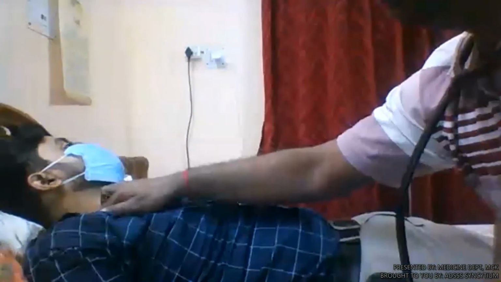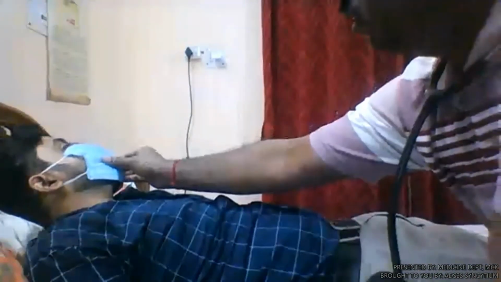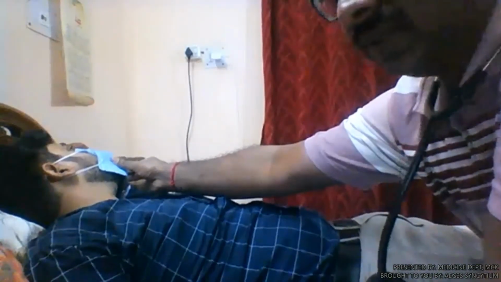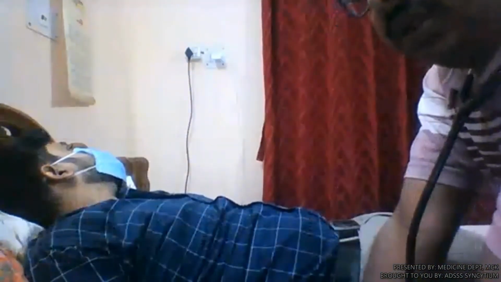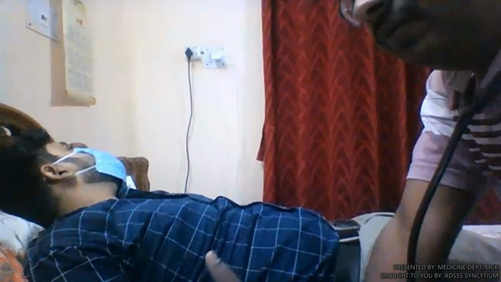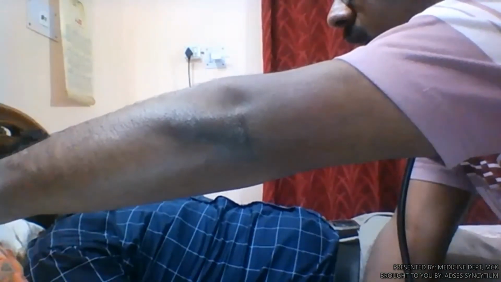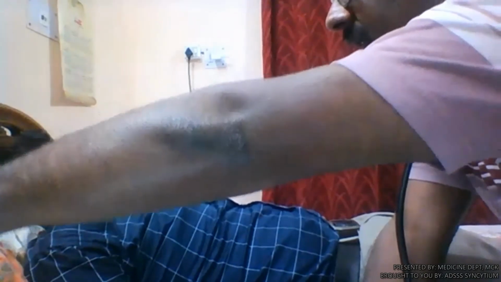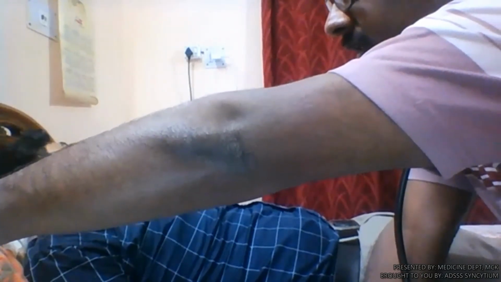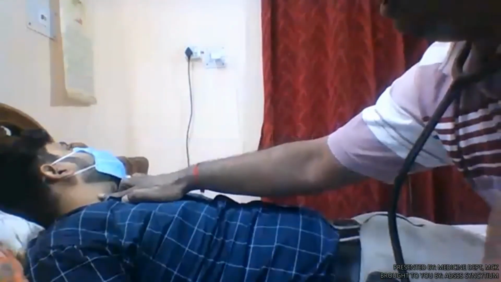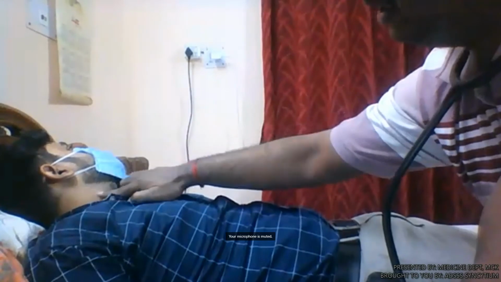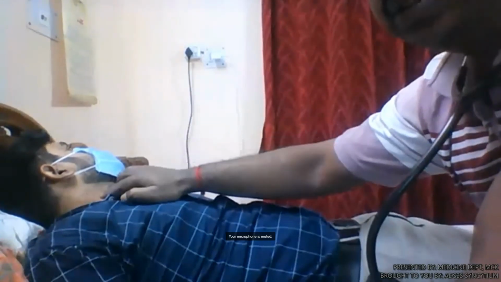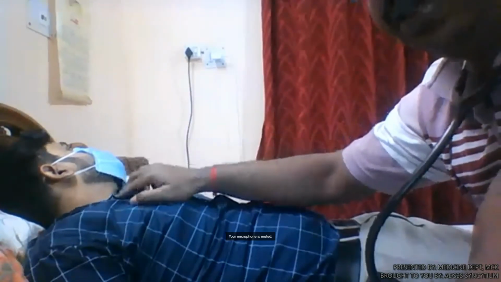Now what we do, we turn the patient's head to the other side, and use a torch if there is not enough light. The torch is focused obliquely from the right side of the patient. Now you can see the pulsation of the internal jugular vein if there is raised pressure of the right atrium.